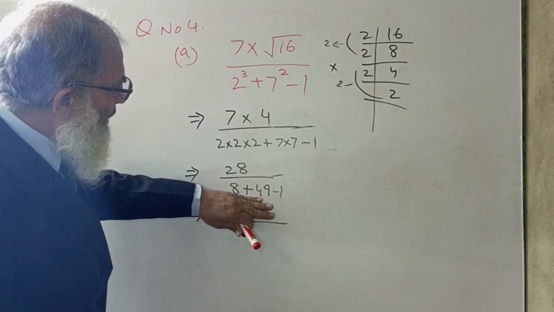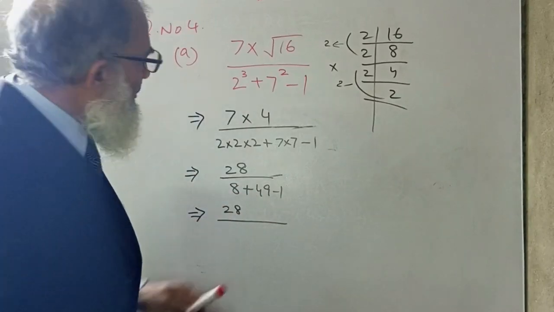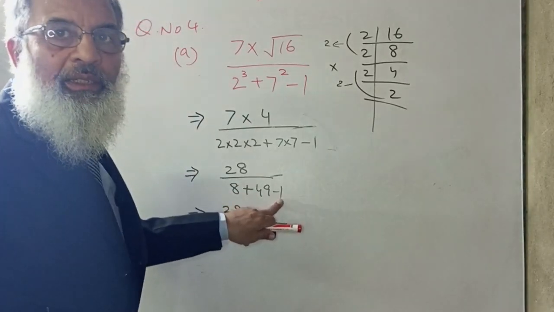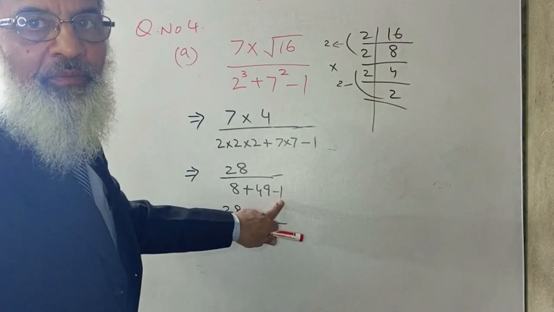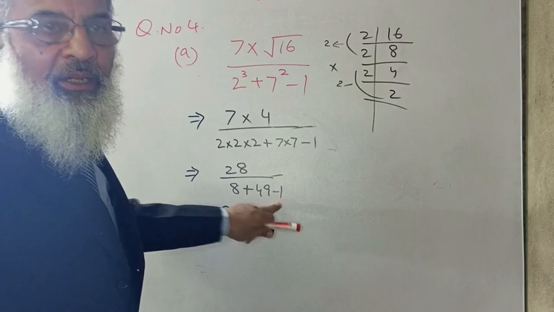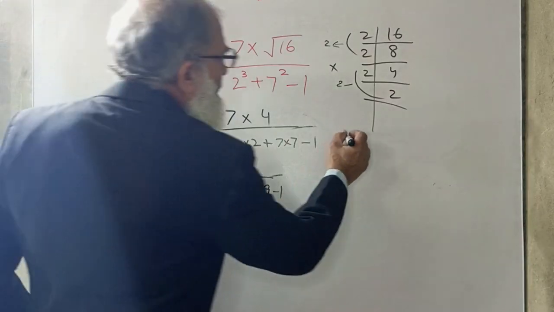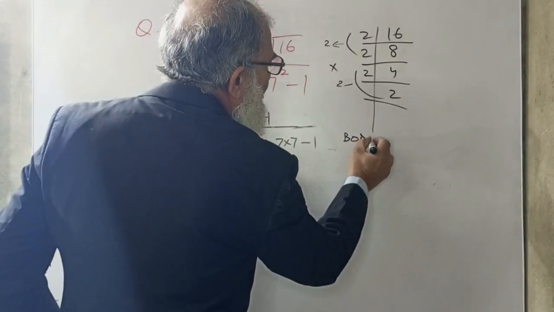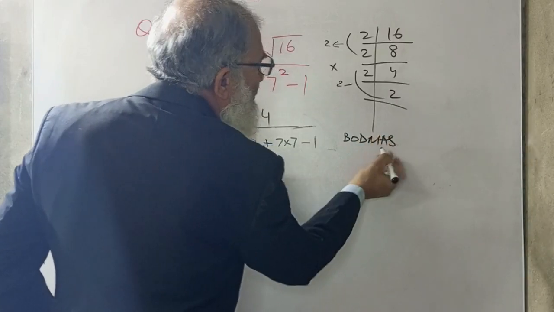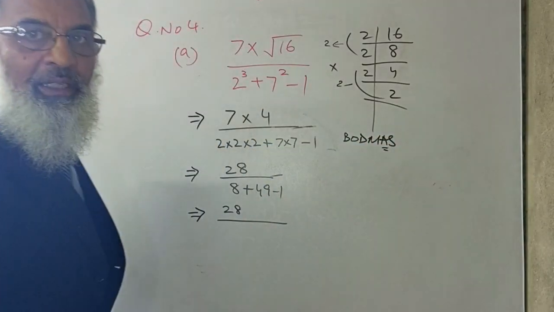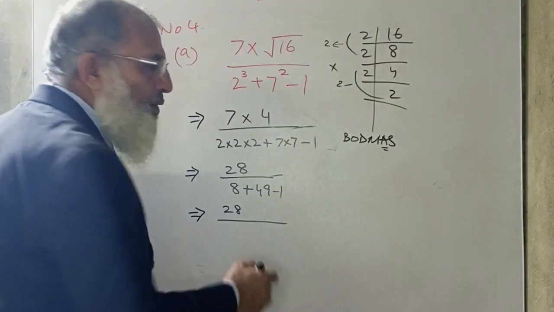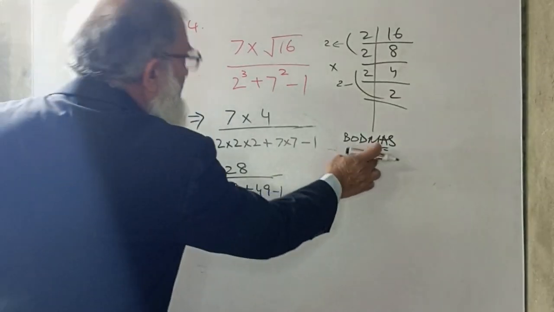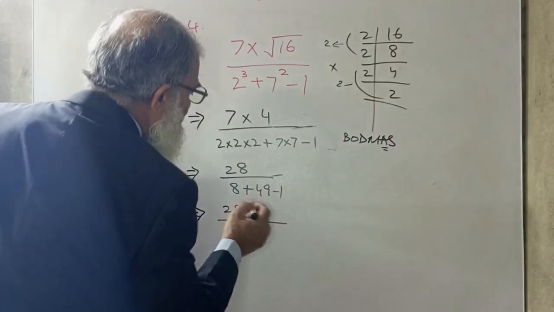I told you once that you can subtract before going to addition. These are interchangeable. But let us follow BODMAS rule, because addition is prior to subtraction. So we don't skip our rule. We follow the rule.